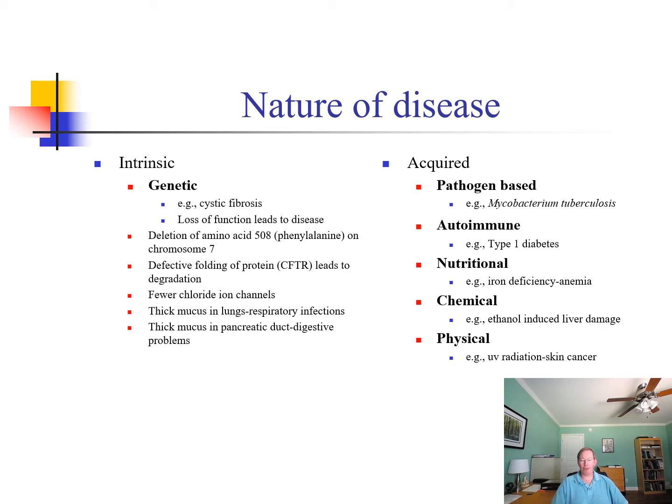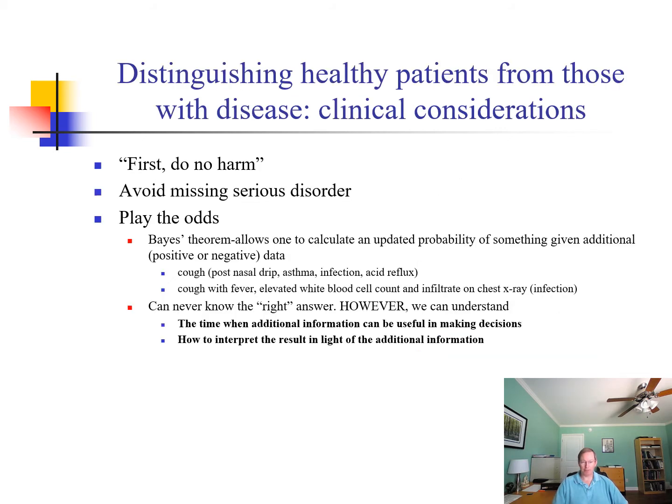It can be related to nutrition, if I don't have the proper building blocks for my body to function, for example, iron, and that will lead to an iron deficiency anemia. I can have damage either chemically from, let's say, ethanol hurting my liver, or UV radiation leading to skin cancer. So whether I have an intrinsic or genetic disease or it's been acquired, these are the nature of our diseases.